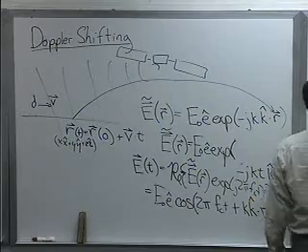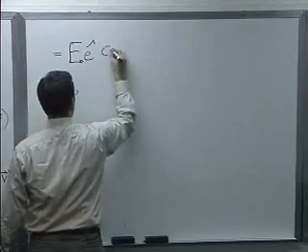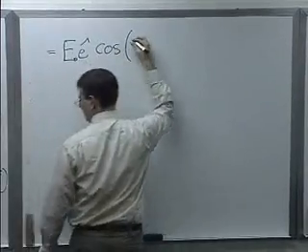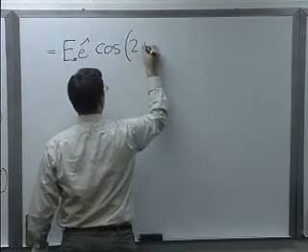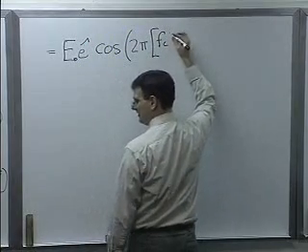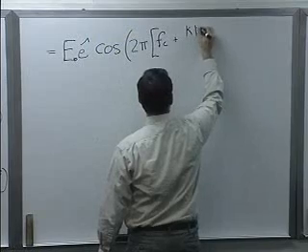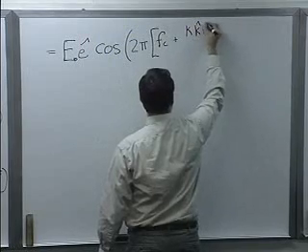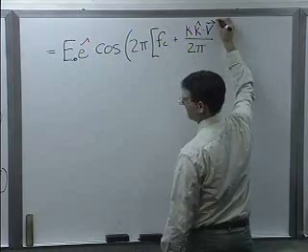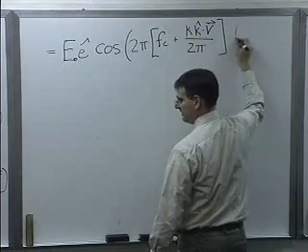The electric field on that antenna, and hence its subsequent voltage, is going to look like an amplitude, polarization, 2 pi. I'm going to factor a term out here: f sub c, my carrier frequency, plus k hat dotted into velocity over 2 pi, because I factored out a 2 pi here, times time.